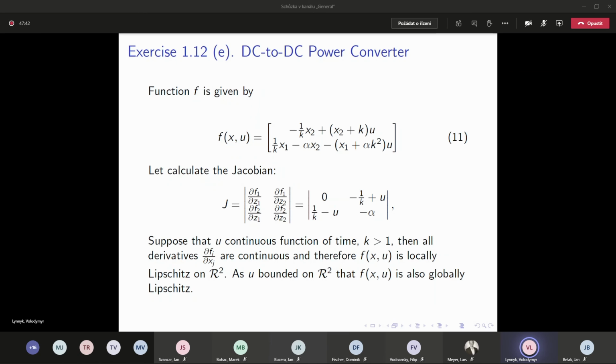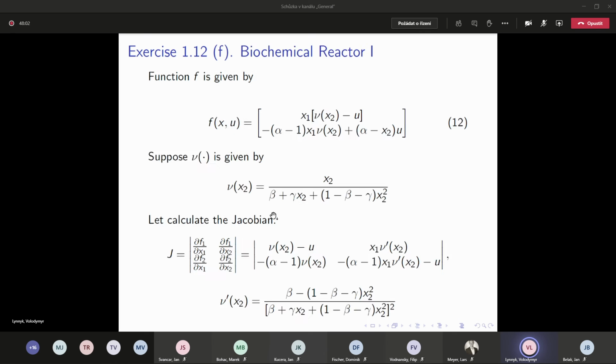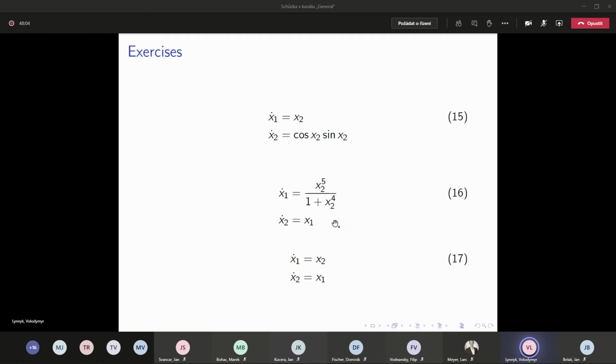If you calculate the limit when x goes to infinity of this term, then this limit equals 1, and here it's 1 and 0, and 0.